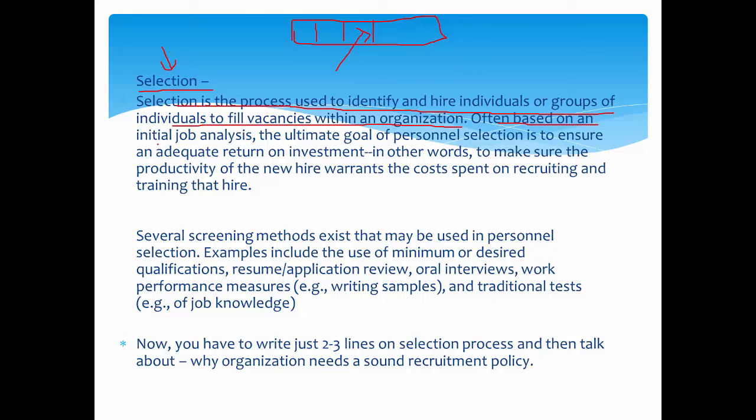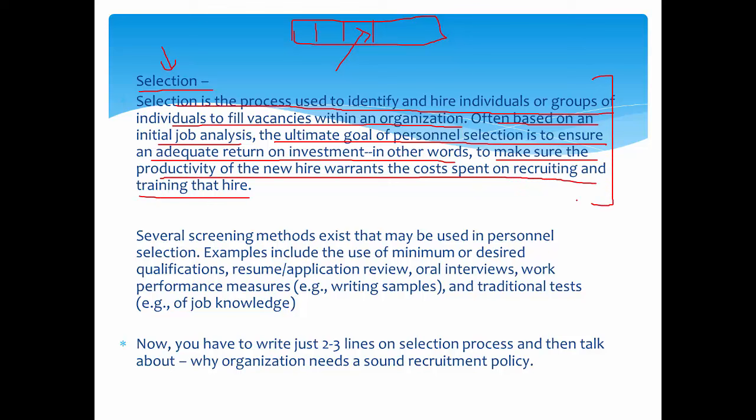Often based on an initial job analysis, the ultimate goal of personnel selection is to ensure an adequate return on investment, in other words, to make sure the productivity of the new hire warrants the cost spent on recruiting and training that hire. Mostly it says that for the money and energy we are going to spend, we should be able to get it back.